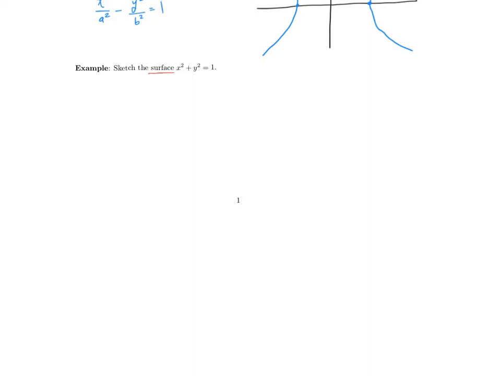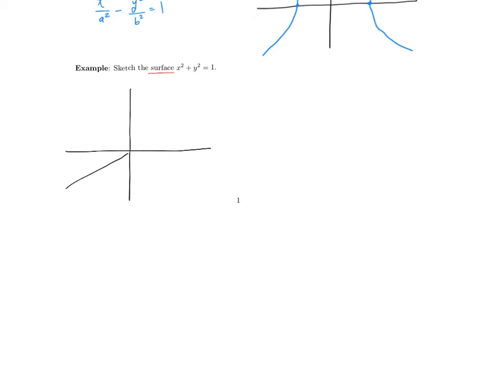And in class, I would typically ask you all, what word would you use to describe what this surface should look like? And we want to make sure we use the correct C word. It's very tempting to say circle, and it will be circular, but it turns out it's not a circle because it's a surface. So let's hold that thought for a moment and see what the graph looks like. So we want to sketch this in 3 dimensions.